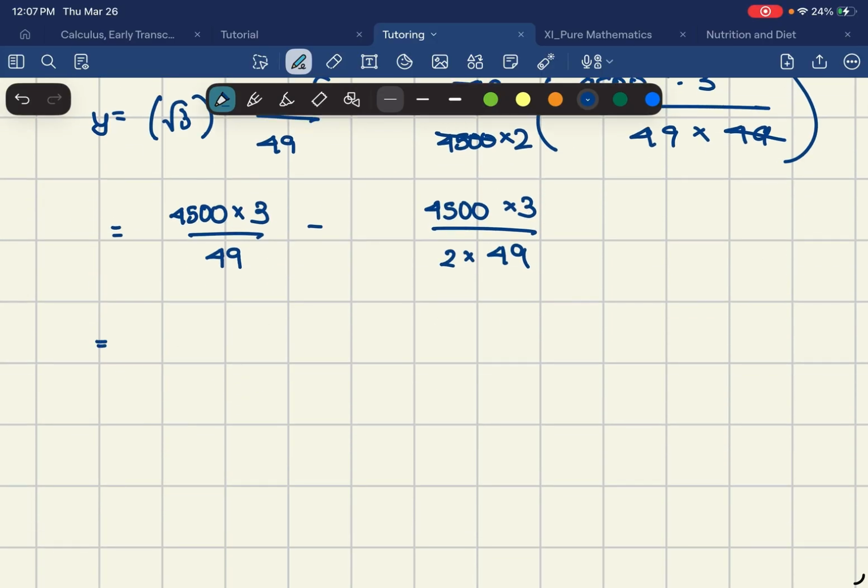If you make a common denominator, you can use your calculator to simplify the expression. I believe we have discussed how to simplify fractions. When we solve this, we should get 4,500 times 3 divided by 98.